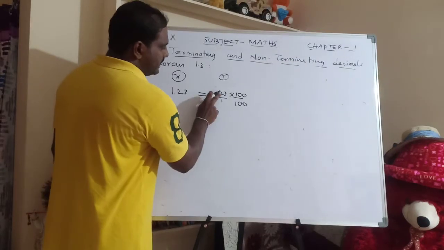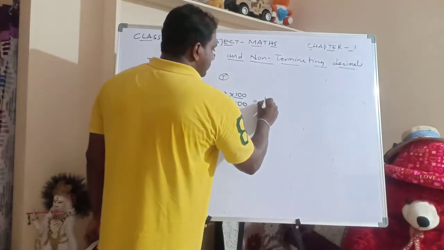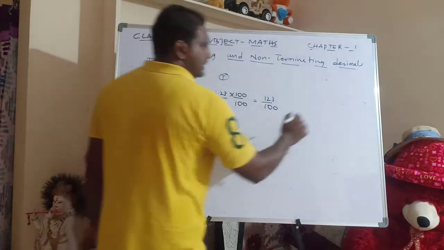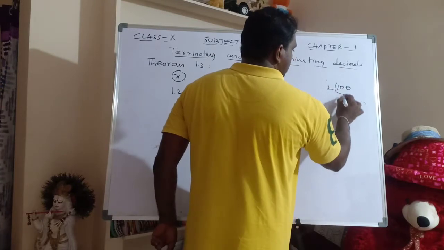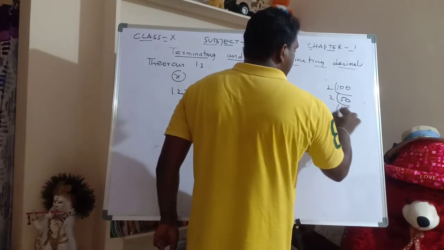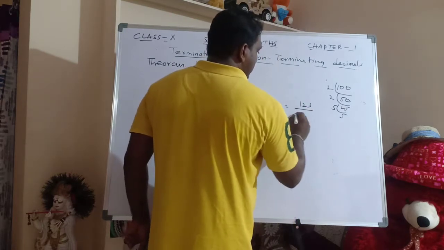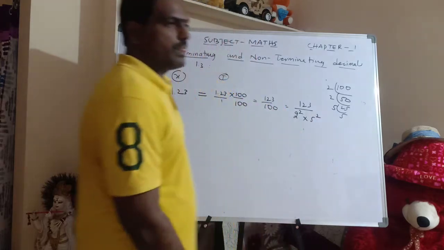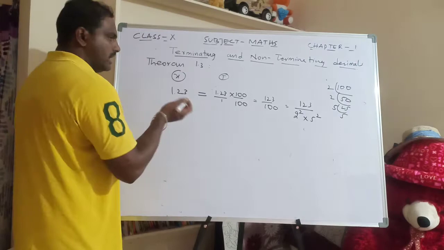Because after the decimal point 2 digits are there. So what is the next step? 123 by 100. Now 100 can be written as 2 50s, 2 25s, 5 5s. That means 123 by 2 power 2 into 5 power 2. Yes or no?